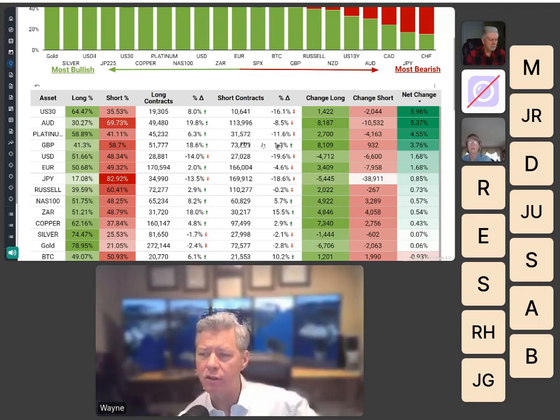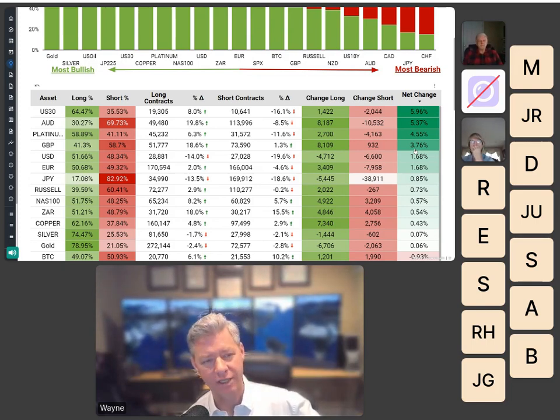Now, this is older data. This doesn't include the improved GDP. Remember, if you have high inflation and rising GDP as a central bank, you can cut. If you have falling GDP and you cut, then you just create inflation.